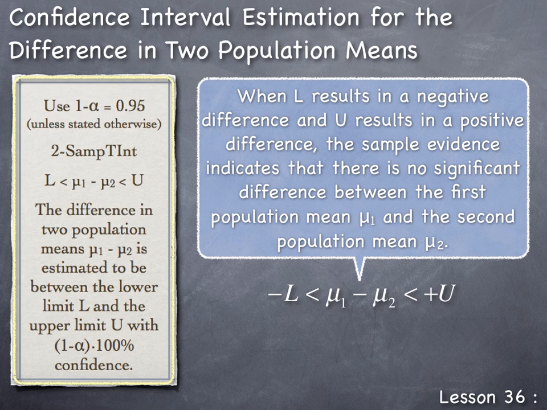And if mu1 and mu2 were equal, finding the difference between the same mean minus the same mean results in a 0. And zeros are always between the negative numbers and the positive numbers. So whenever 0 is contained in the confidence interval, the conclusion is that there is no significant difference between these two population means.